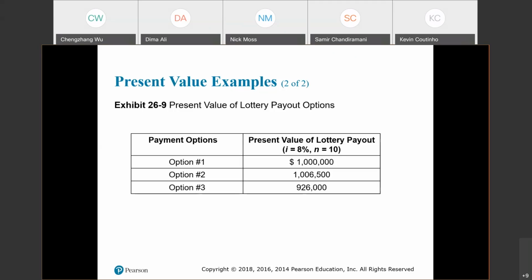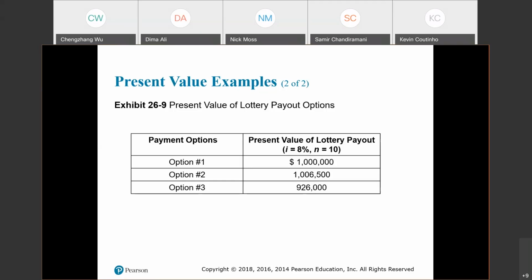So to calculate the present value, you can use table number 1 to find the present value factor, where the interest rate is 8% and the number of periods is 10, times $2 million.